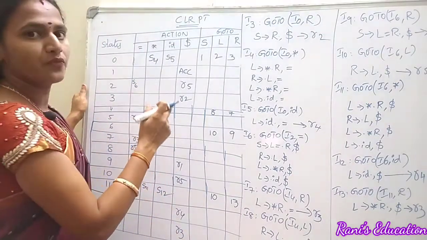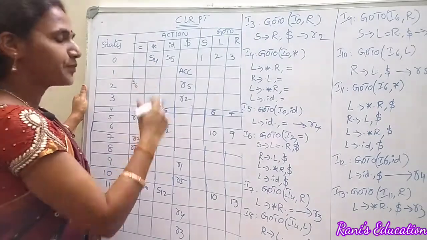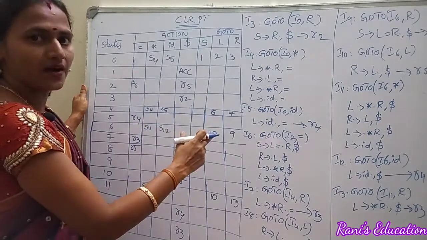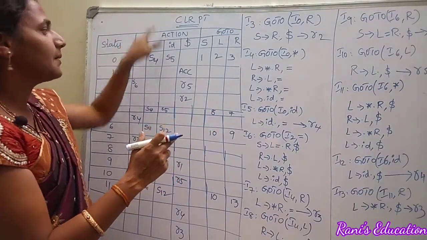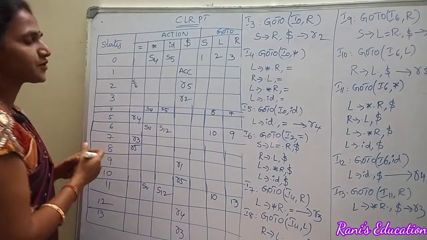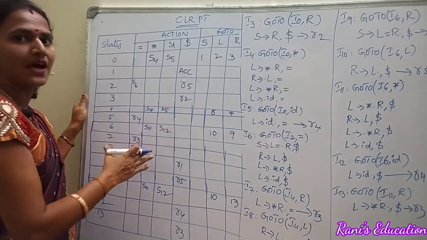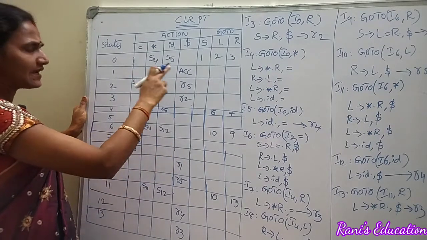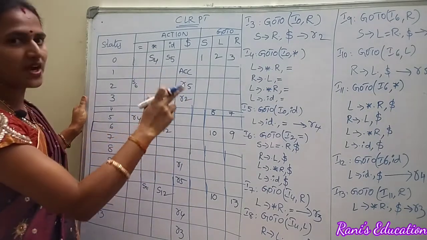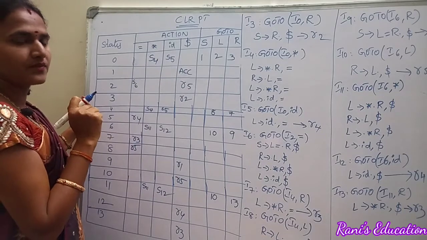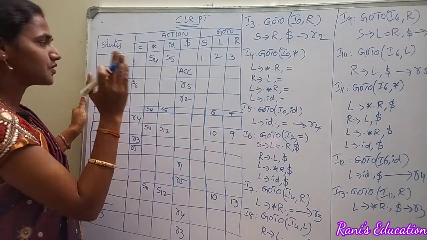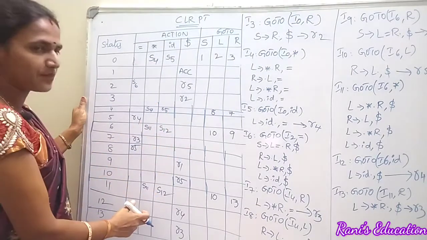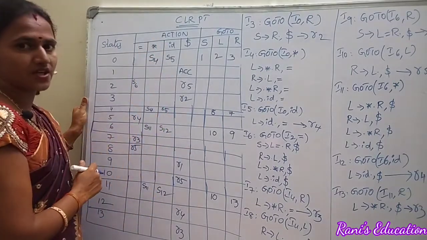This is how we are going to compute the LR1 items as well as the CLR parsing table. Now you can observe whether this grammar is CLR1 or not. Are there any terminals which contain more than one action, that is shift-reduce or reduce-reduce like that? Do we have such types of actions in this parsing table with respect to each and every terminal?